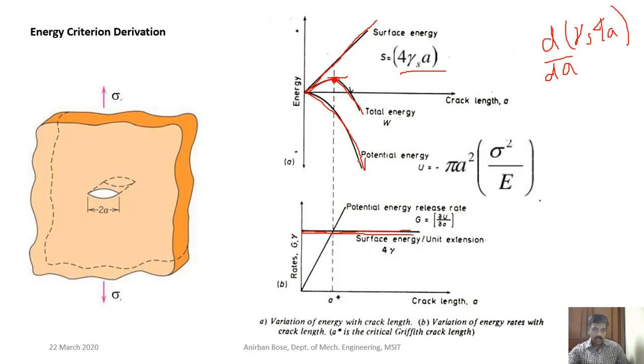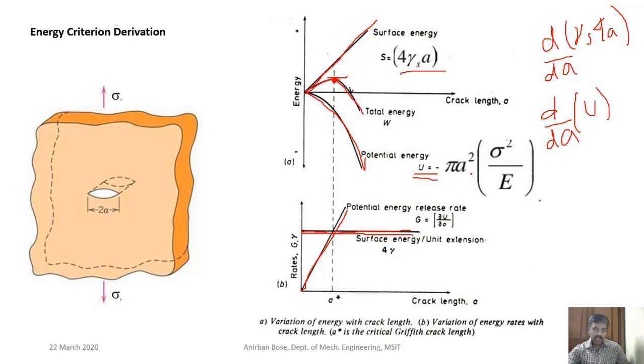And if you plot this part, which is the strain energy part, rather the rate of strain energy part, that means d by dA, the rate with respect to crack length, of this whole quantity. If that is U E, then that U E. Okay, so that quantity is this.